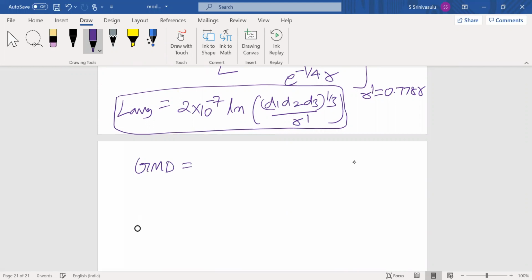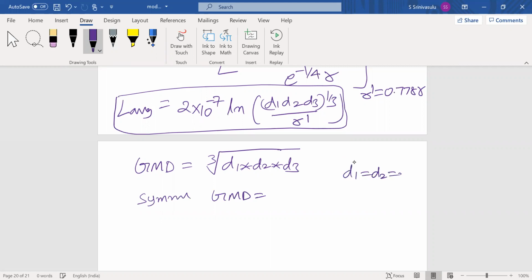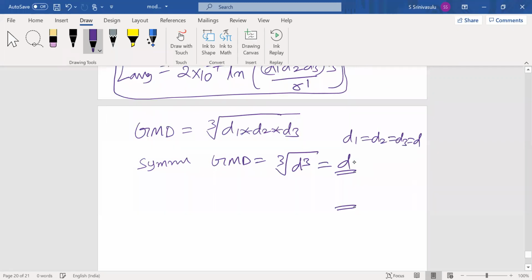The geometric mean distance in the case of a three-phase system is the cube root of d1 into d2 into d3. This is for unsymmetrical spacing. In symmetrical spacing, what happens? GMD, when d1 equal to d2 equal to d3 equal to d in case of symmetrical spacing, is the cube root of d cubed. We'll get d, the equidistance.